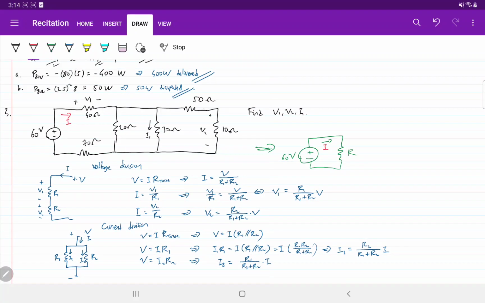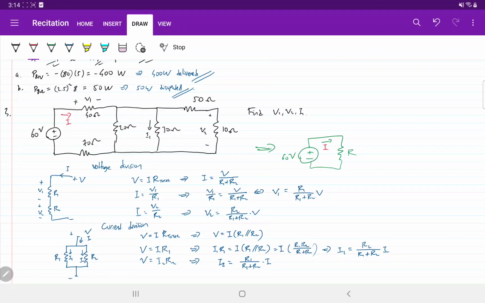The first step is, first look at here. We know that the 50 ohm and 10 ohms are in series, right? So you have two resistors in series, then the total resistance is added, so 50 plus 10.